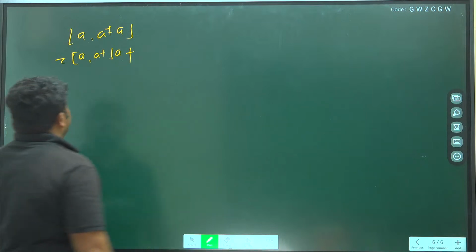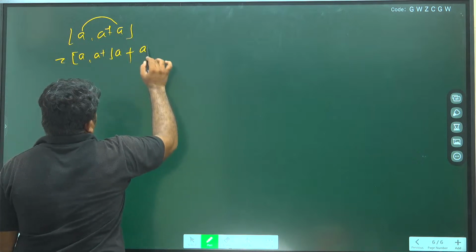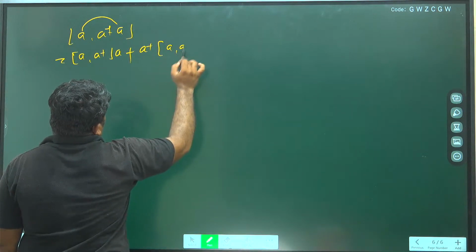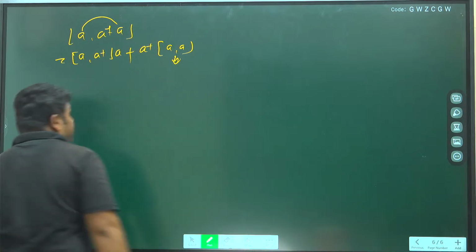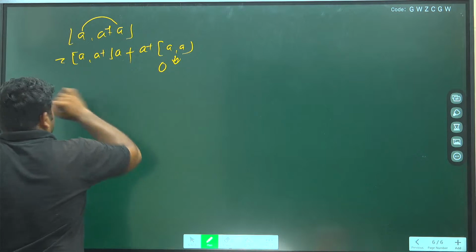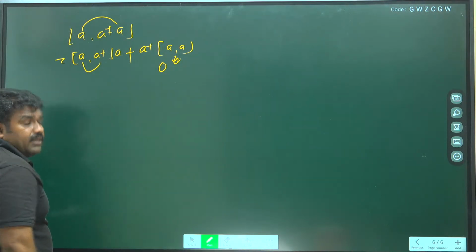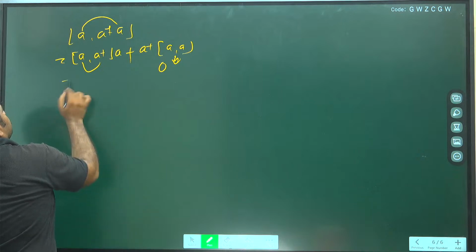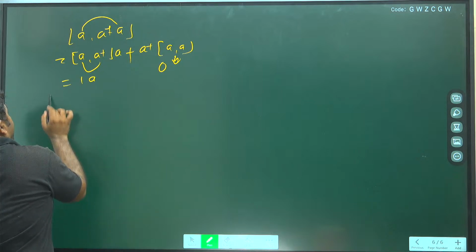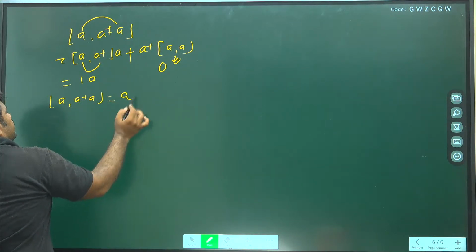Second one, a commutes with a, at that time a dagger is taken common out. a comma a, commutator with itself, is 0. Next, the second one, a comma a dagger, this is increase, so this will be plus 1 into a. Means a comma a dagger a is equal to plus a.